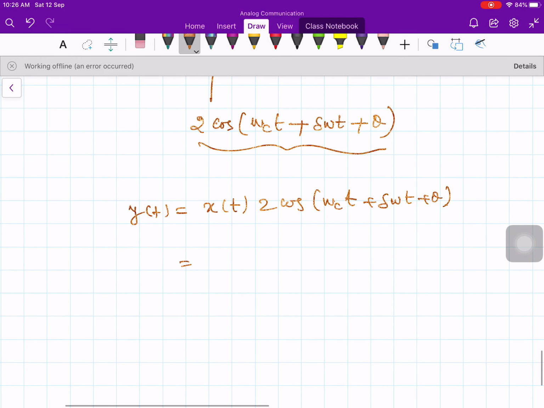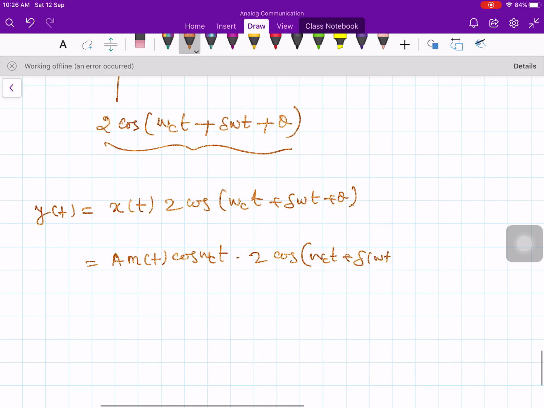Now what is x of t? x of t is equal to A times m of t times cos omega ct, times 2 times cos of omega ct plus delta omega t plus some phase angle theta. Now 2 times A times m of t, and now this is not cos squared, it is cos A cos B. We know the formula, so just substitute that.